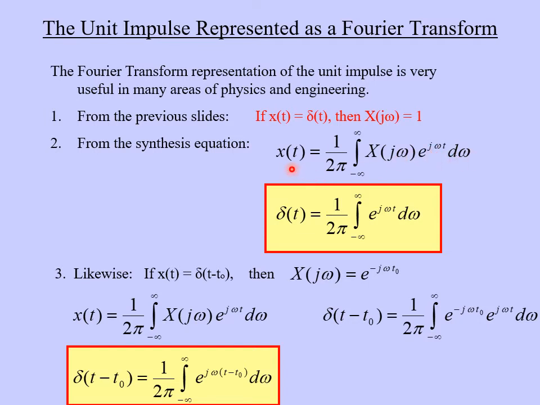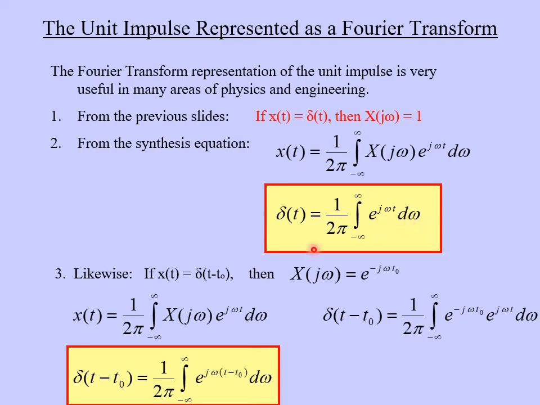For the delta function, we're going to let x of t be the delta function, so we're just replacing x with delta. And the nice thing here is big X of j omega is just equal to 1. So this becomes a 1, and we're left with this result here. This is a Fourier transform representation of the delta function. The delta function can be expressed as 1 over 2 pi times the integral over all omega of e to the j omega t d omega.